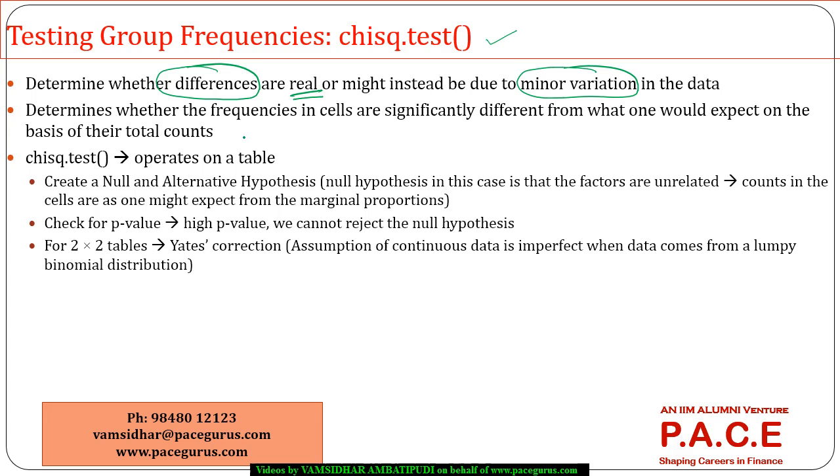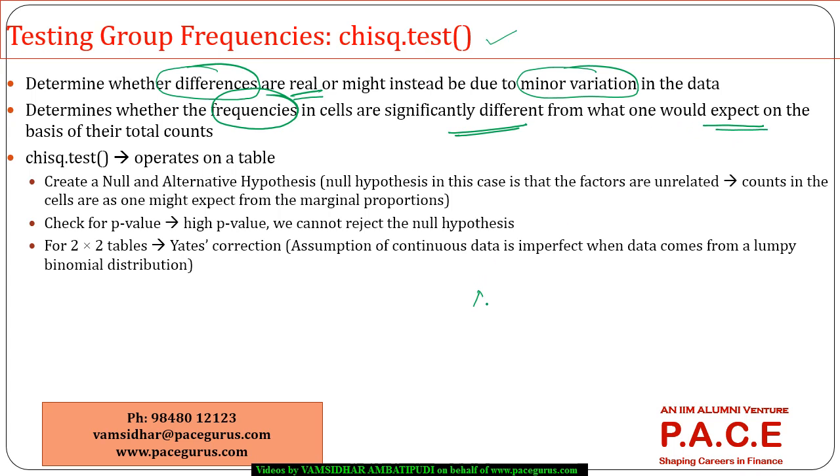So coming to this chi-square test, it primarily looks at the frequencies. The main objective of a chi-square test is it verifies or determines whether the frequencies of different groups are significantly different from what we expect.